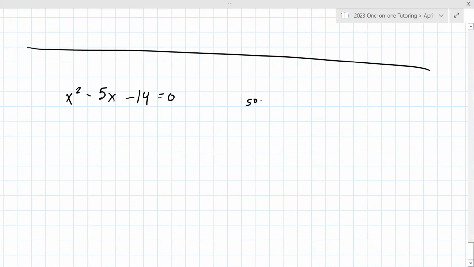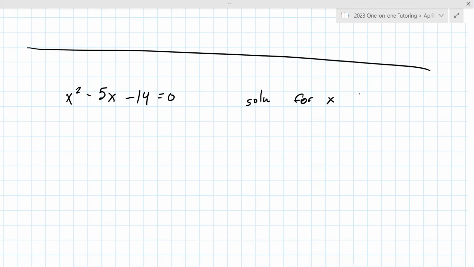If I asked you to solve for x, what would you do here? Probably, oh, I have to factor it. Okay, so go ahead and factor it, set them equal to 0, and give me the solutions, please. Negative 14, so it has to add up to a negative.